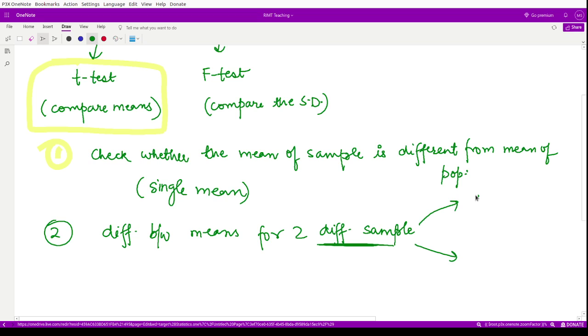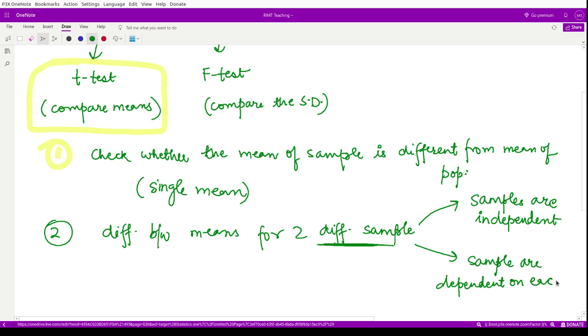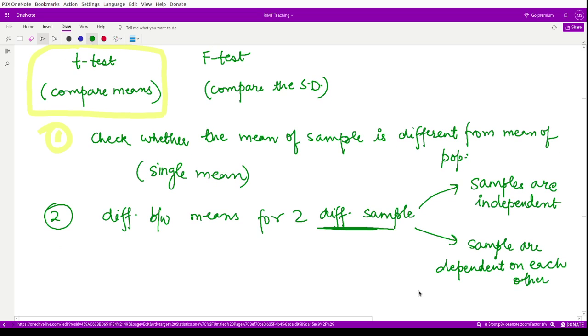One thing is that the two samples are independent of each other, and the second thing is that the samples are dependent on each other. So if the samples are dependent on each other, there we would use the paired t test, right? So this is the basic overview.